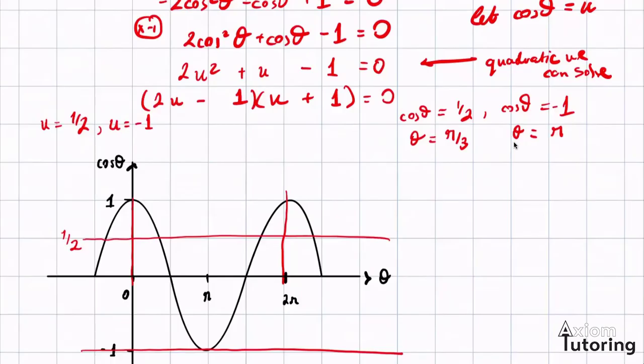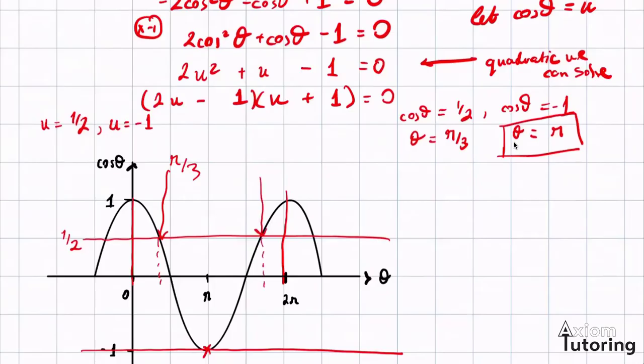So for cos theta equal to minus 1, we only have one solution, which is our pi. So that's our only solution for that one. And then for cos theta equals a half, so yes, we have this solution here of pi over 3, but we have another solution within 0 and 2 pi, which is right here.